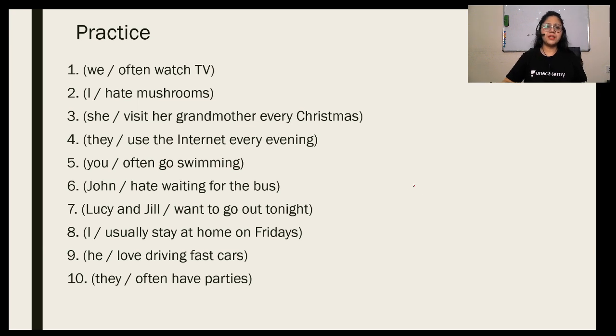Now, a very easy activity. You've got a list of sentences here. What you need to do is make the corrections wherever required. Okay. So if you need to add an S, add an S. If you do not need to add an S, don't add an S. Or if you need to add a helping verb, add a helping verb. If you do not need, don't add. For example, I am going to give you an example of number 3.